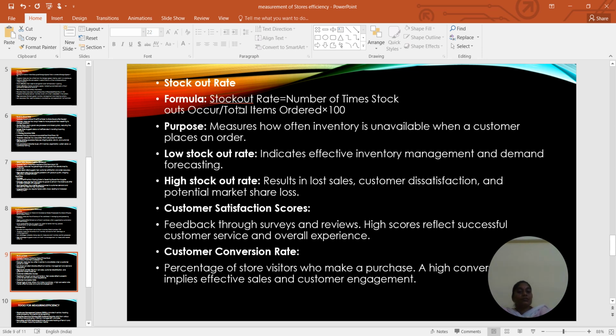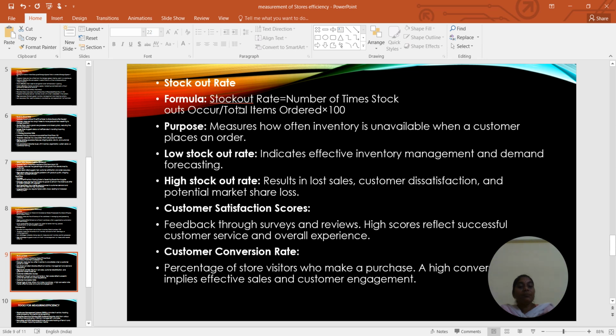Next, customer satisfaction scores. Feedback through surveys or reviews, when high, reflects successful customer service and overall experience. The customer satisfaction score depends upon the feedback, surveys, and reviews of the customers. A high score means we are getting star ratings of 1, 2, 3, 4, 5, and many people are giving us the 5-star rating.